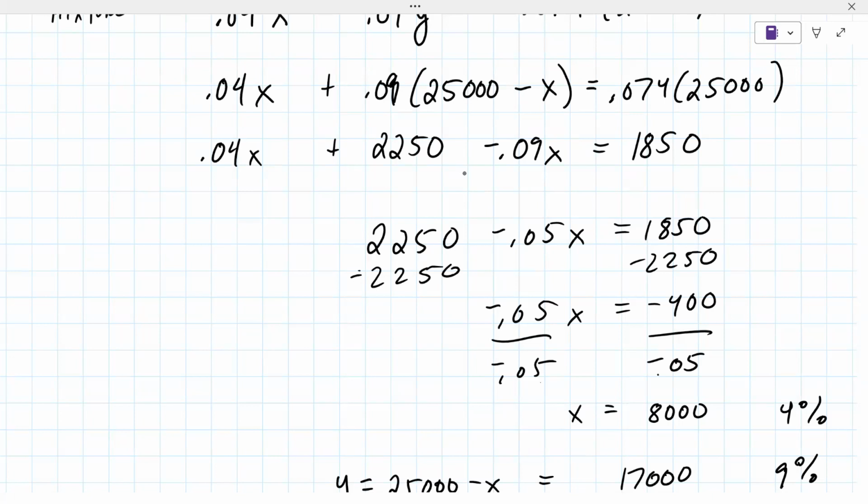They're not difficult. They've just got a lot of places where you can make mistakes, like forgetting to add zeros and stuff. 2,250.